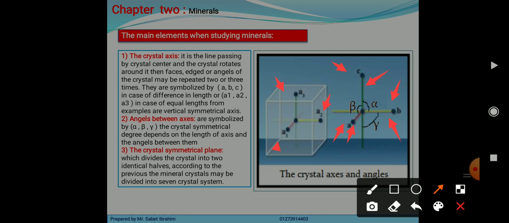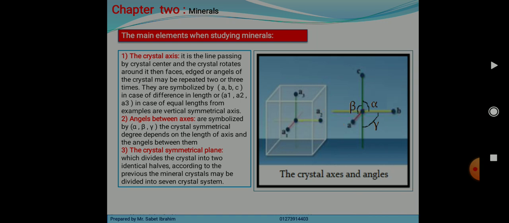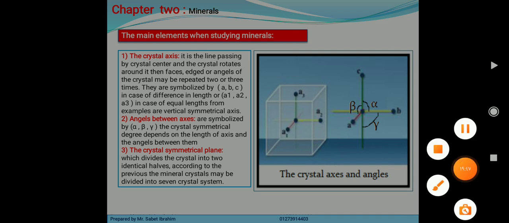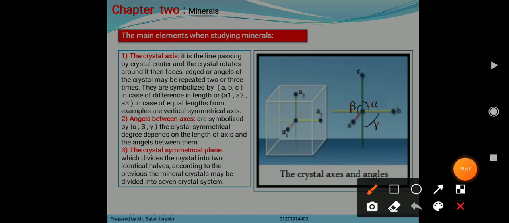Number 2 of the main elements are angles between axes. Angles between axes are symbolized by alpha, beta, and gamma. Okay?